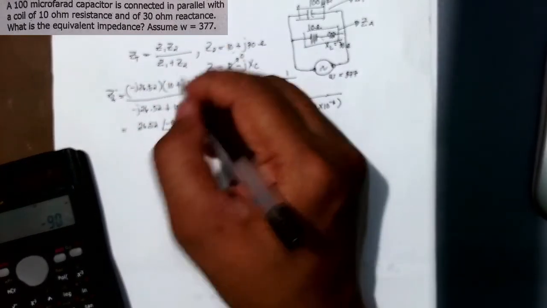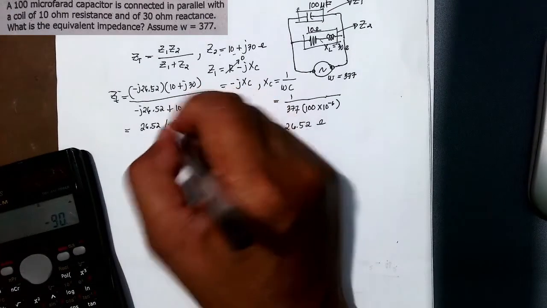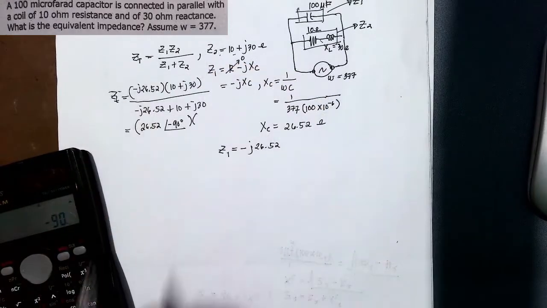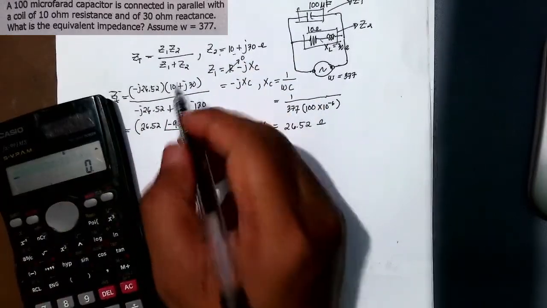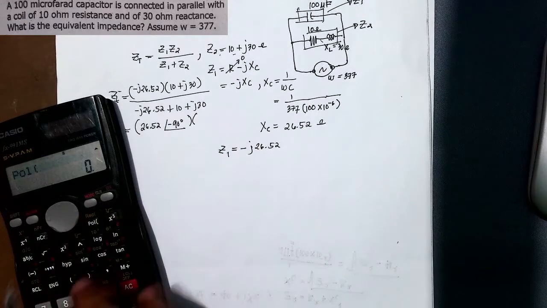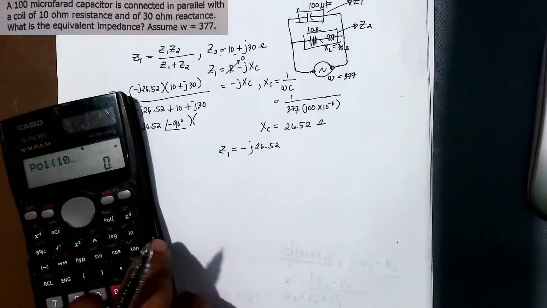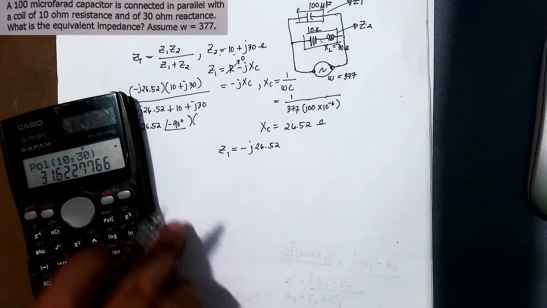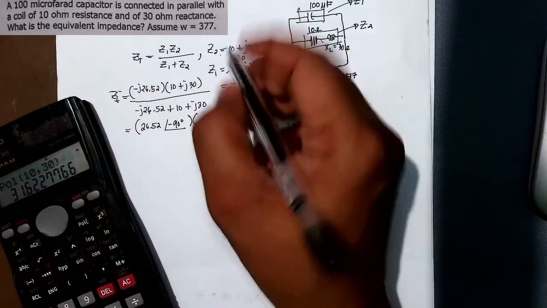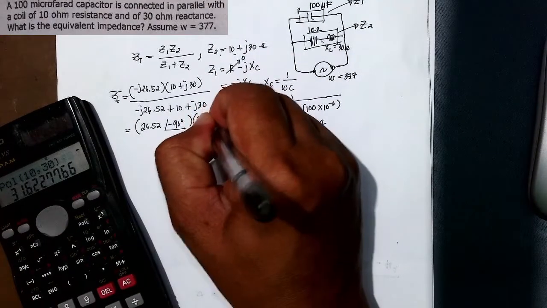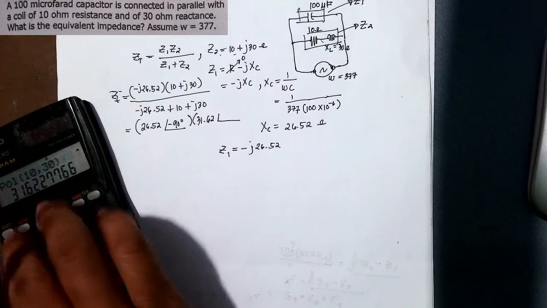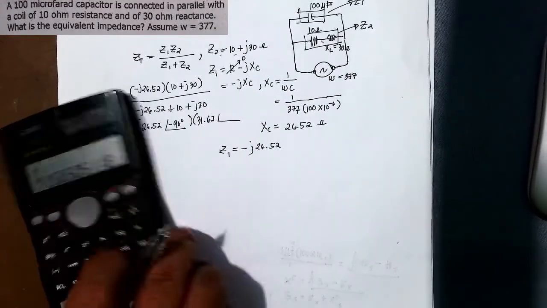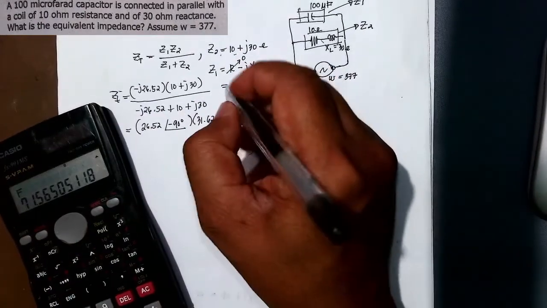And the polar form of 10 comma 30 will be 31.62 cis of 71.56 degrees.